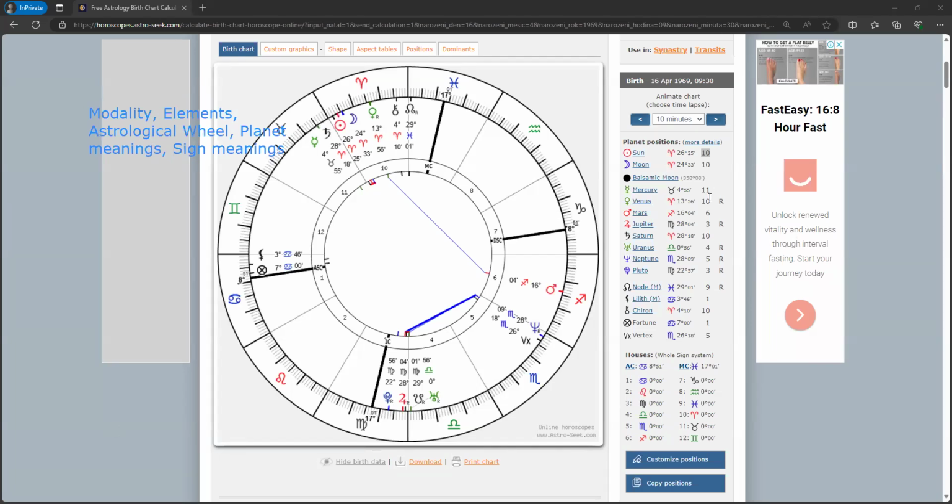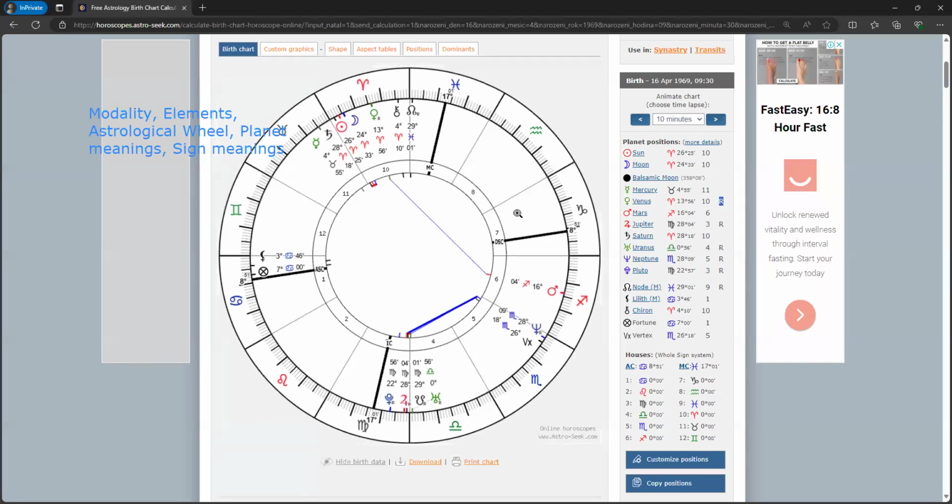So remember I said that these numbers all the way to the right here represent the houses that the sign and the planet is in. Then the letter R here represents a planet that was retrograde at that person's time of birth.